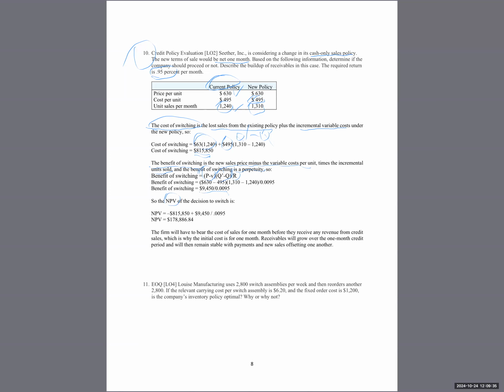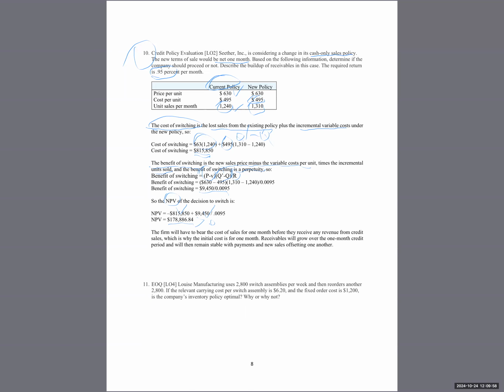Then NPV is the benefit minus the cost. The NPV is $178,886.84. So this is positive, and the answer is that the company should proceed.